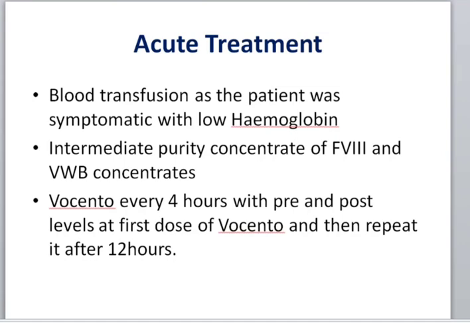This patient needs very frequent Voncento replacement, 4 hourly, as I mentioned in the answer, because he has paraproteins, IgG subtype, which is inhibiting the von Willebrand multimers. So whatever Voncento you give to this patient, its effect will be very short-lived, and you need to replace it very frequently.